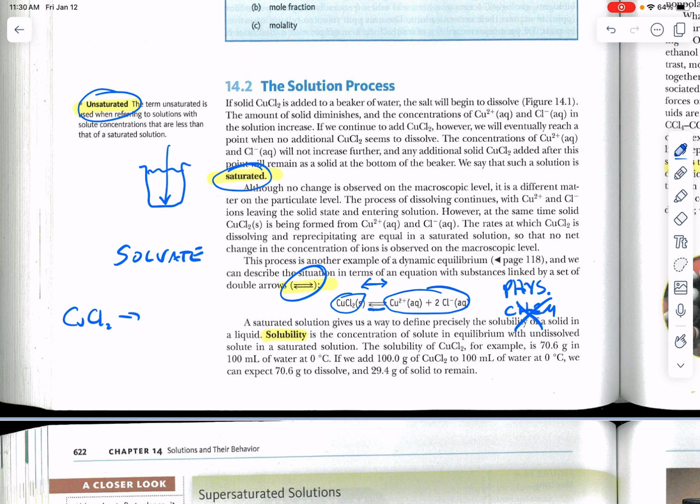We're not breaking it down by heating it up and decomposing it, or passing electricity through it to get pure copper, solid, and chlorine gas. That's not what we're doing. We're talking about a physical change reaching equilibrium.